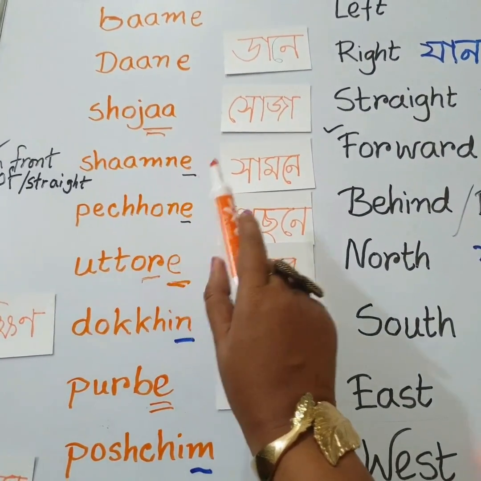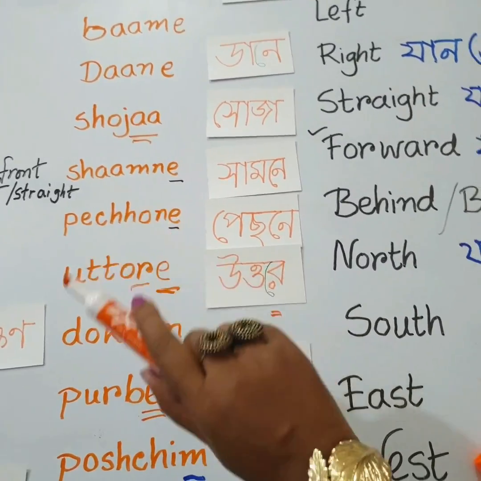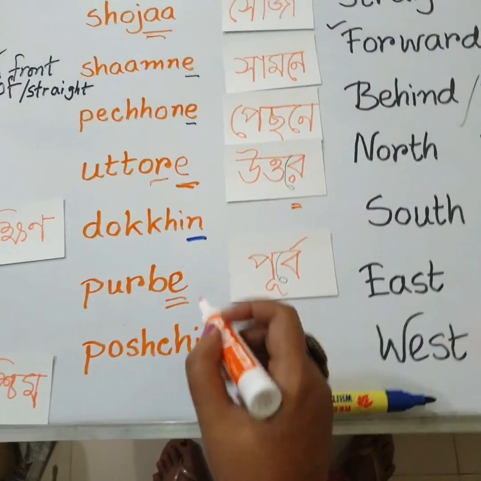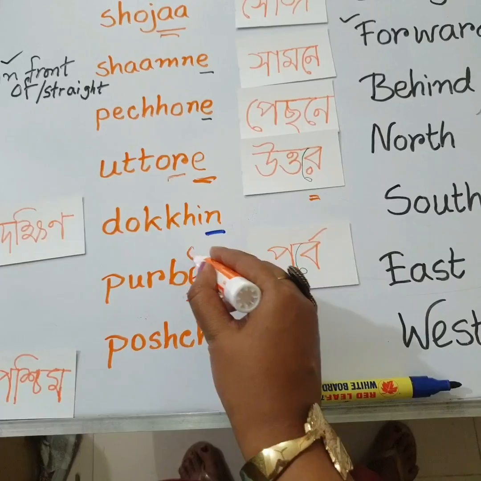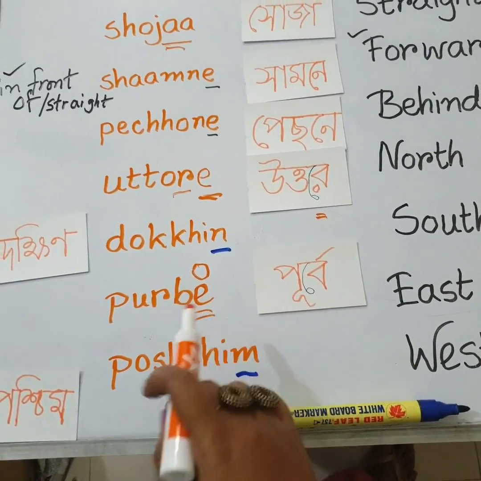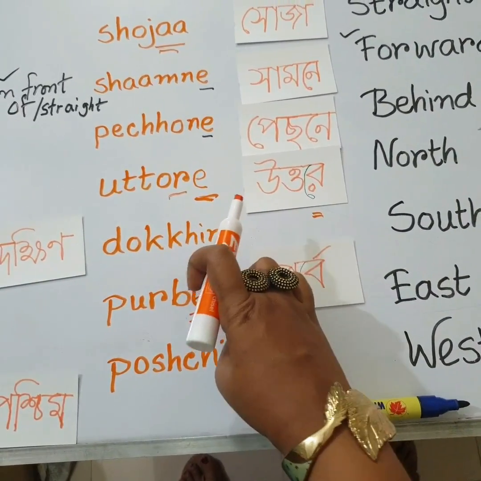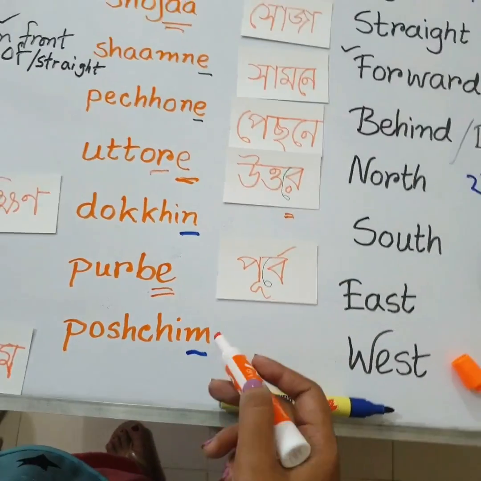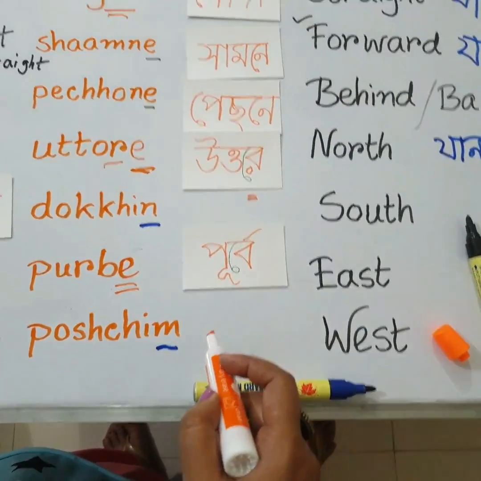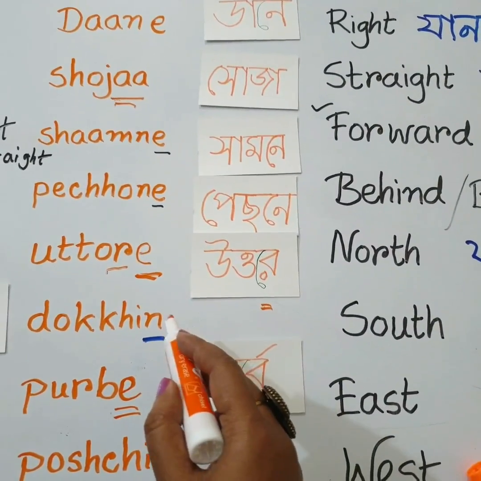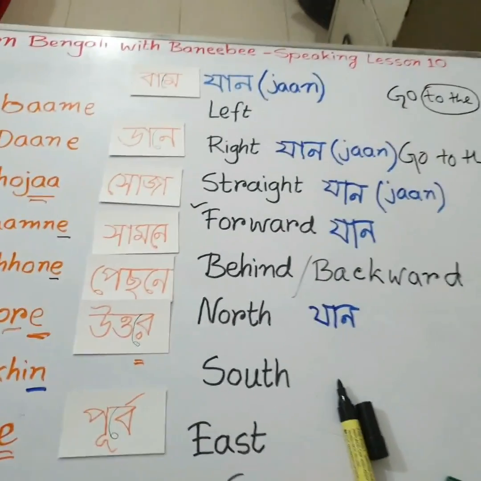For Shamne, it remained same. Pechone remained same. But for Purbo, it had the O, which is replaced by the E. Purbe. Poshchim, it will definitely become Poshchime. Dokhin will be Dokhine, right?